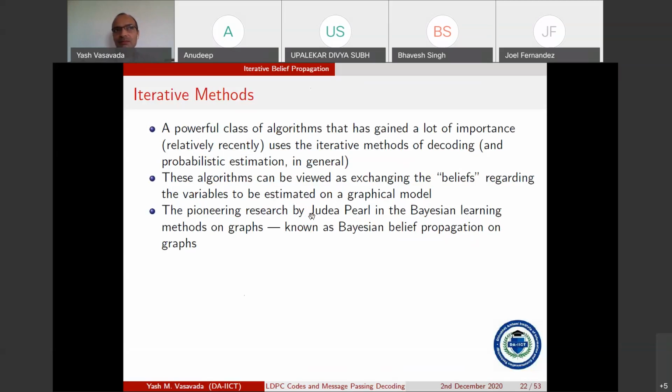But maybe 20 years later, this mathematician called Judea Pearl also developed this Bayesian belief propagation algorithm. But the work that Judea Pearl did was in the computer science community, and so his work got absorbed in the machine learning topics. But still, the idea is the same.